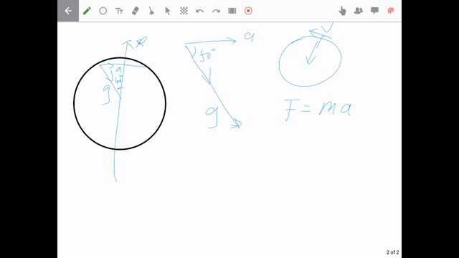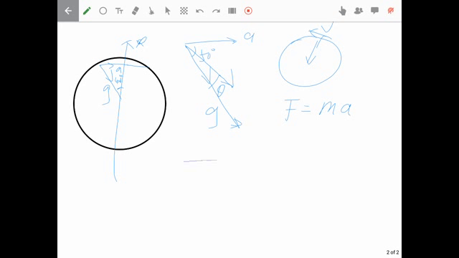But there's a tiny centripetal acceleration, so the string might have a very tiny deviation from the center of the Earth. So we have to find this angle. Now we use the parallelogram to find it.